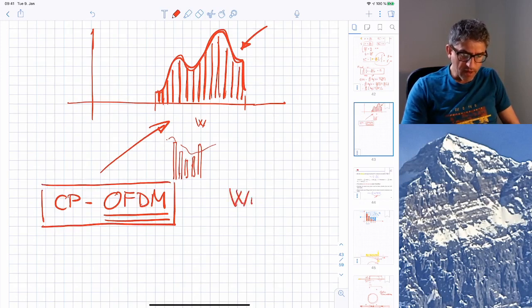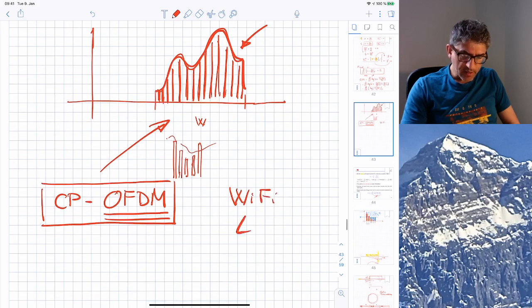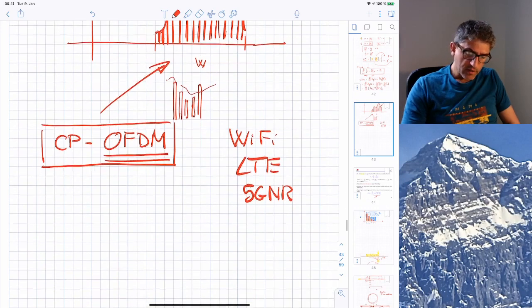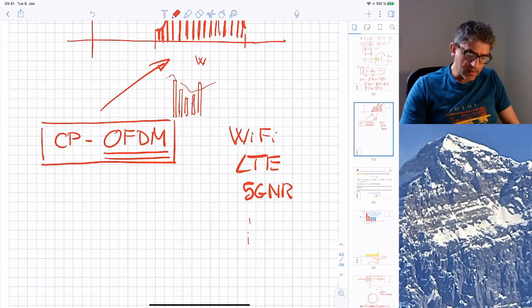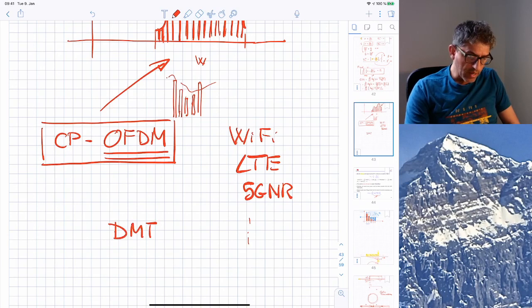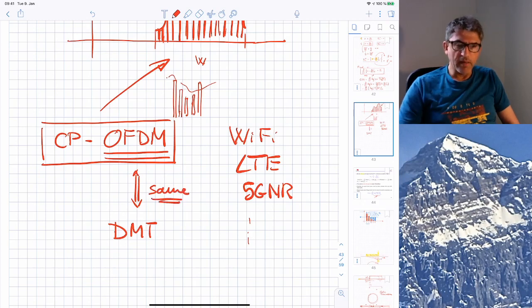It's used in Wi-Fi, in LTE, in 5G new radio, in a lot of standards. And in the context of DSL, for cable transmission, for some reason, this is called discrete multitone. But discrete multitone and cyclic prefix OFDM are in fact the same thing, simply developed by two different groups of people working more or less in parallel. Okay.